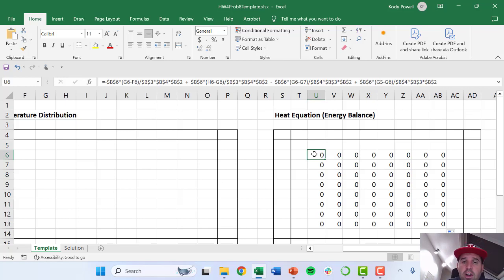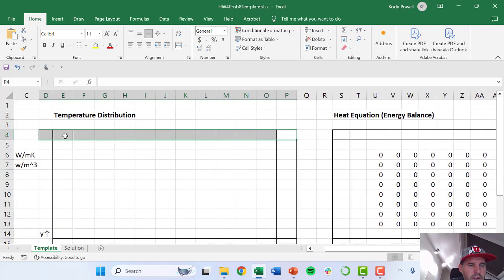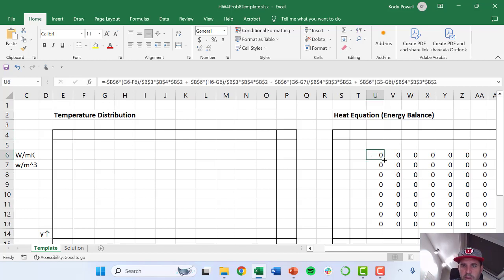Little trick, if we have constant surface temperature boundary conditions, so you notice I've created these rows and columns all along the outside, so we can use these to represent boundary conditions on our various surfaces. So if we have constant surface temperature boundary conditions, what we can do is we can extend this energy balance up to this cell here.